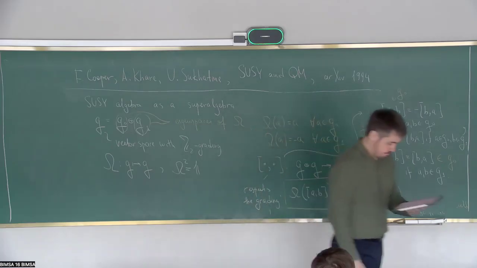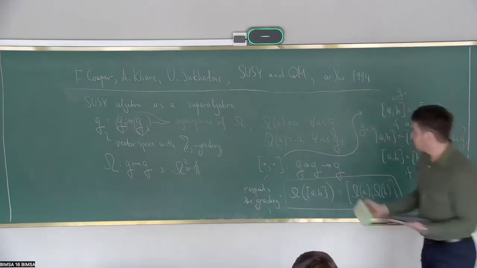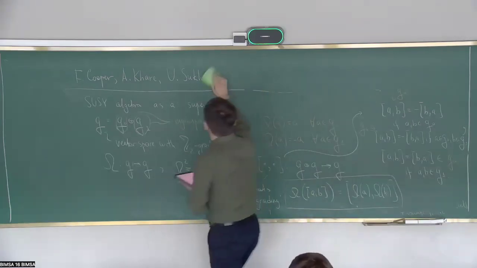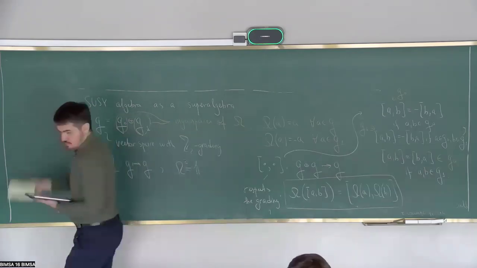Apart from these properties, there is one more property, which is the Jacobi identity, or generalized Jacobi identity.